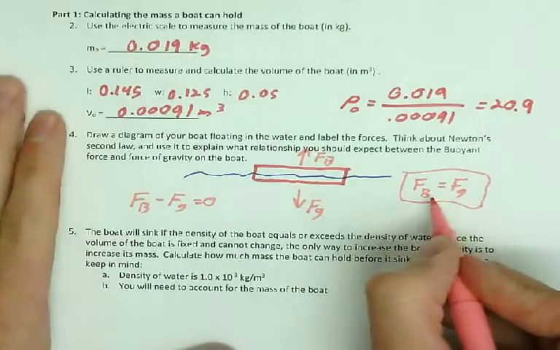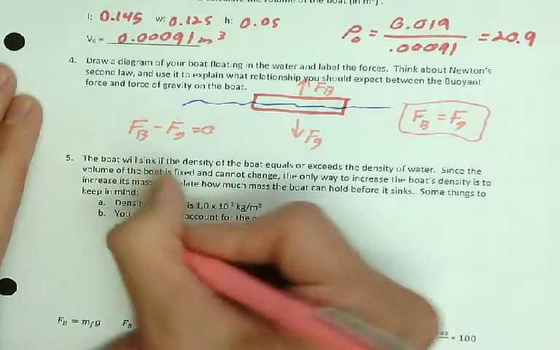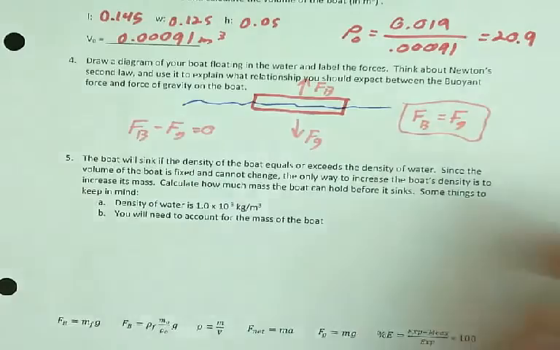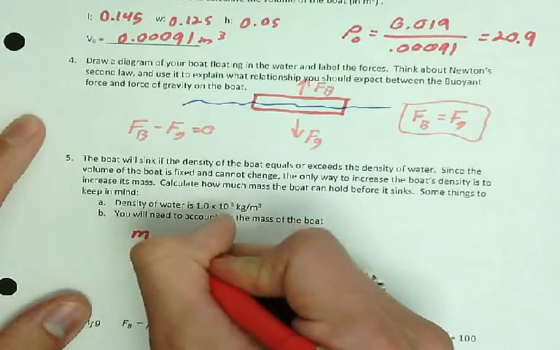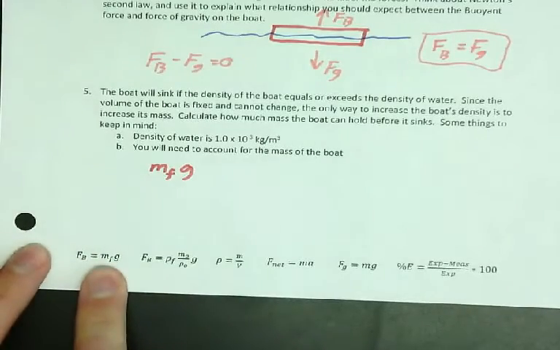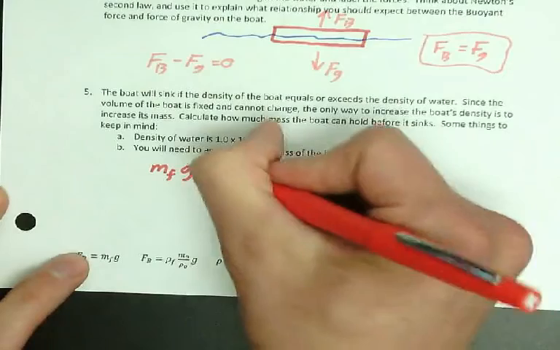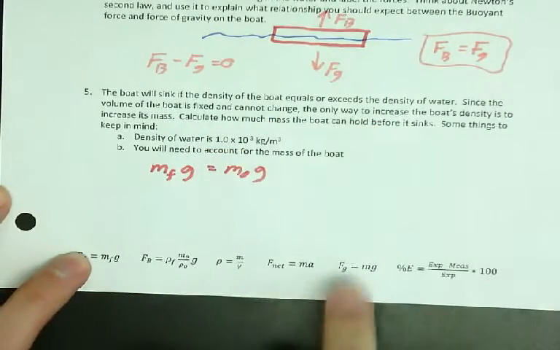We're going to start with this. The buoyant force equals the force of gravity. So the buoyant force is the mass of the displaced fluid times gravity. That's the buoyant force equation. Equals the mass of the object times gravity, which is the gravity equation.